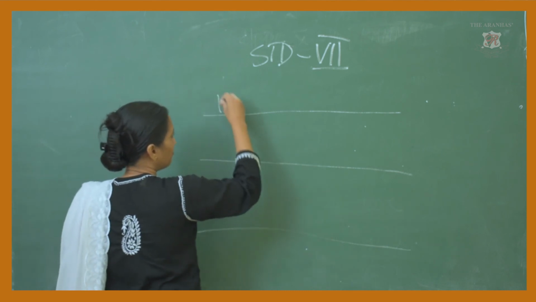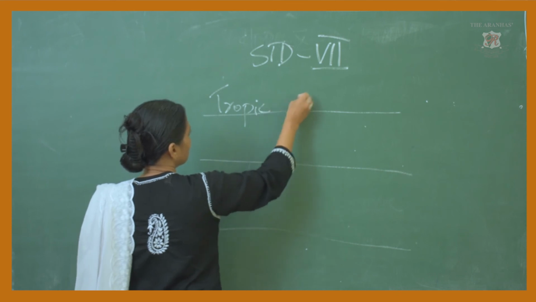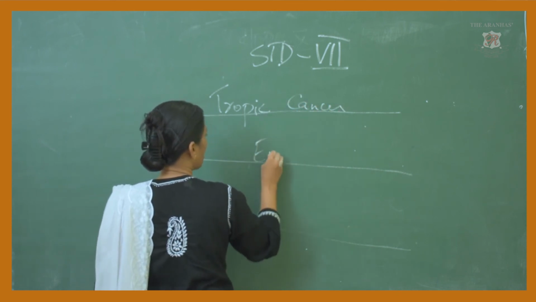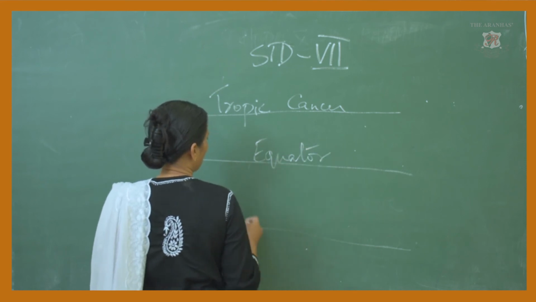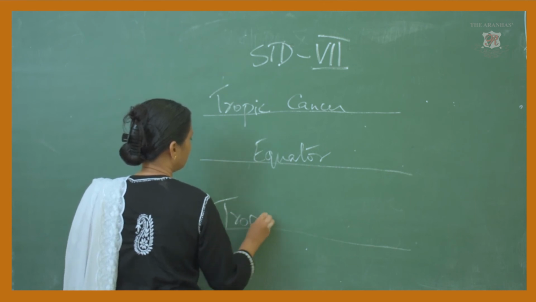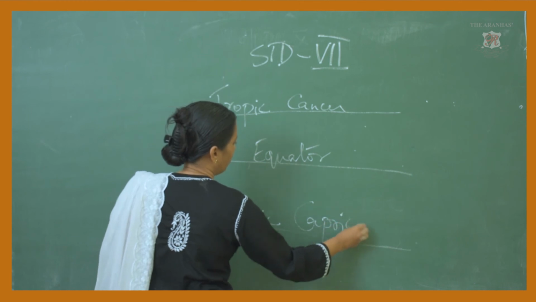Maybe I'm wrong in this, but I'm just writing it. Then we have the equator. Then we have the Tropic of Capricorn. Okay?